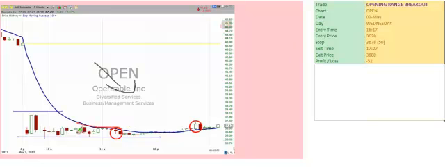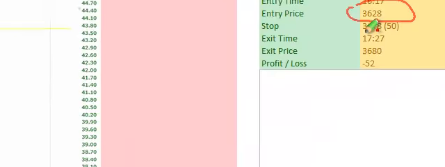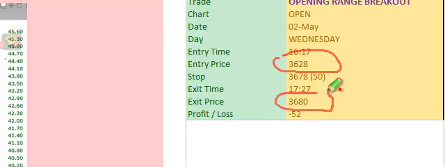I thought there's absolutely every reason for it to keep on going down, and didn't wait for it to break this resistance line or the support line, and it bounced right off there. Volume of the market dried up after all the hedge funders go to lunch, and with just this sideways action, it eventually stopped me out. And here we go, entry price 36.28, exit price 36.80, for a loss of 52 pips.